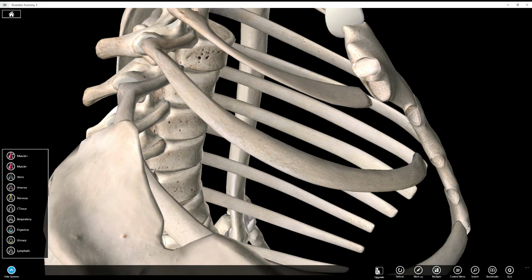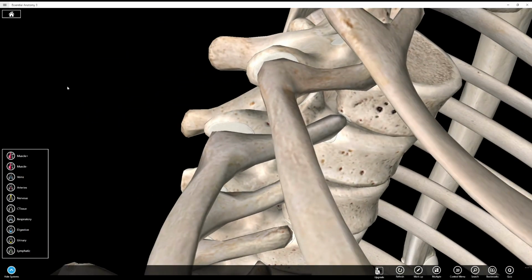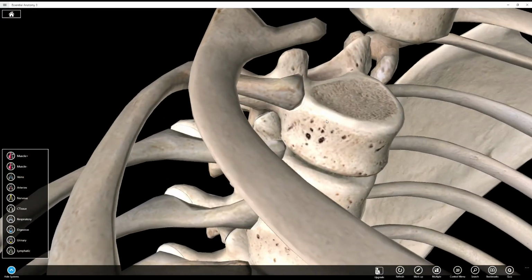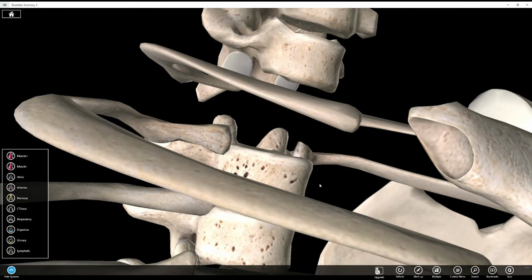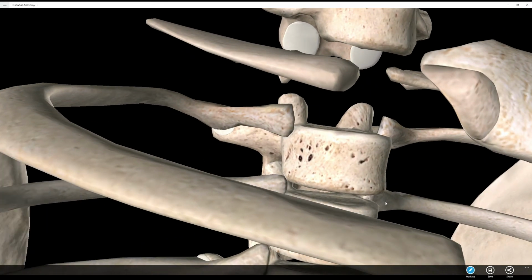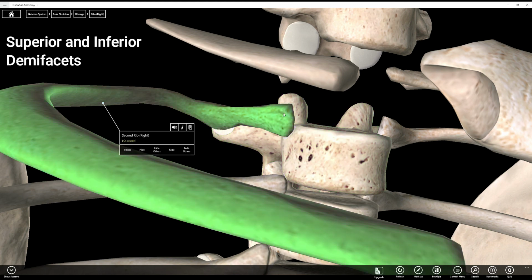Okay, unlike rib 1, it has demifacets. So it has a superior and an inferior demifacet. Okay, so let's draw that in. This would be the superior demifacet and the inferior demifacet. So the inferior demifacet attaches to T2, and then the superior demifacet would attach to T1, which isn't in this picture.